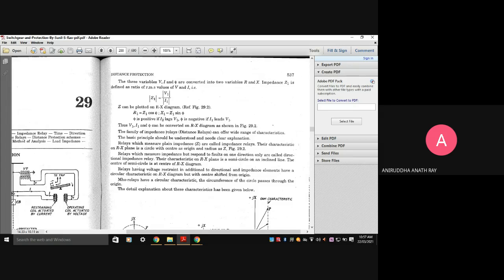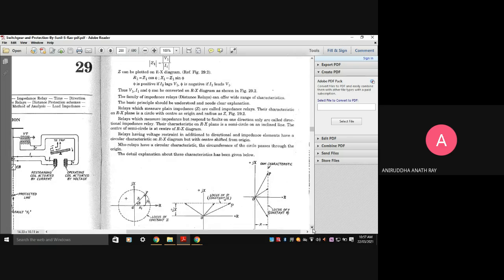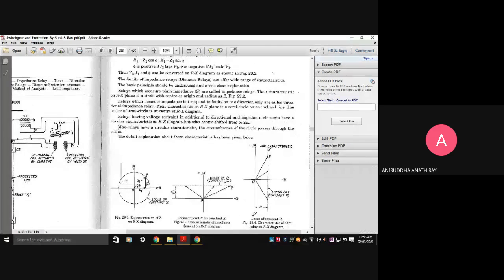Thus V1 and I1 can be converted to an RX diagram like this, where R is on the real axis and X is on the imaginary axis, and Z is R1 plus jX1, that is called the impedance.